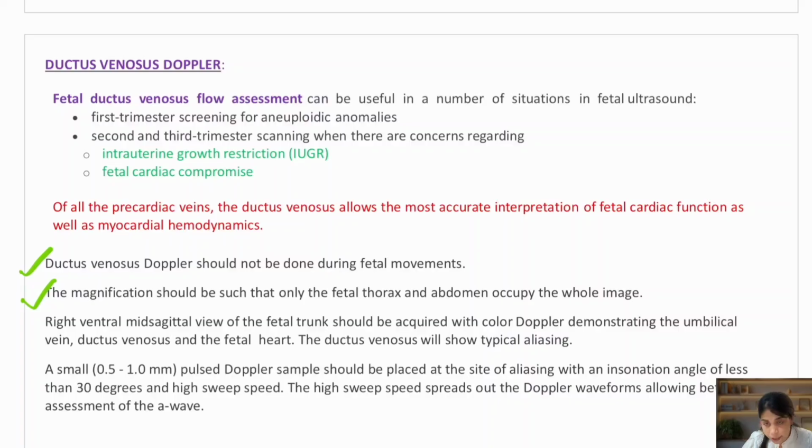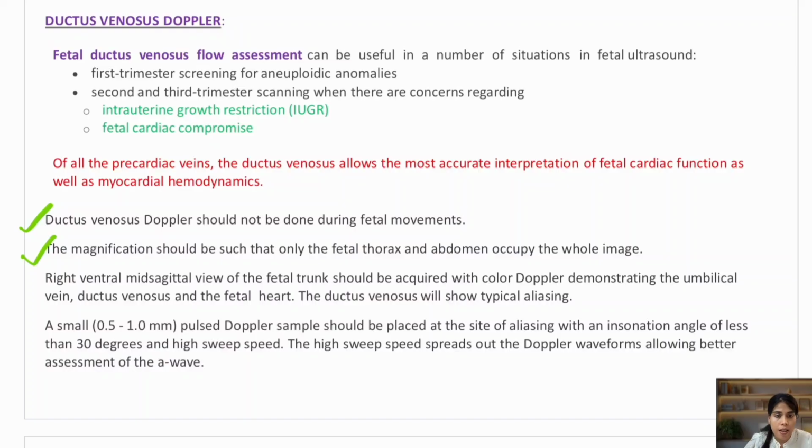A right ventral mid sagittal view of the fetal trunk should be acquired, and the ductus venosus will show typical aliasing. Take the spectral Doppler at that aliasing with a small sample of 0.5 to 1 mm, an insonation angle of less than 30 degrees and a high sweep speed.